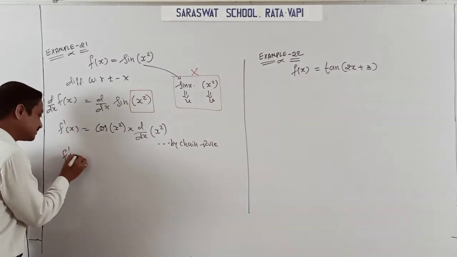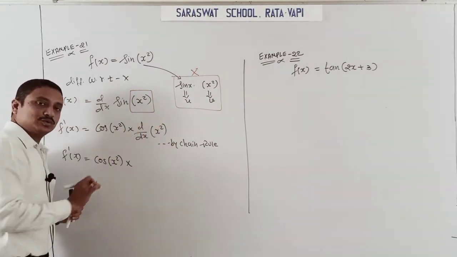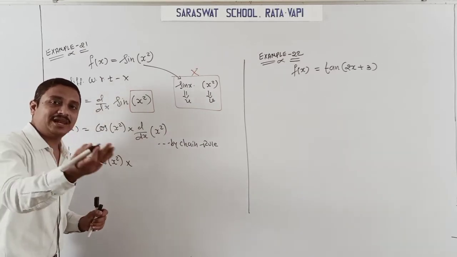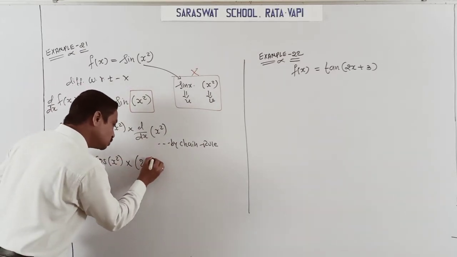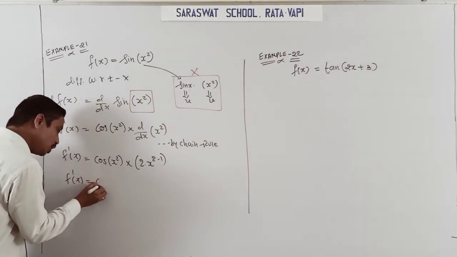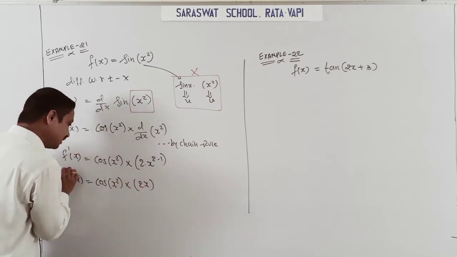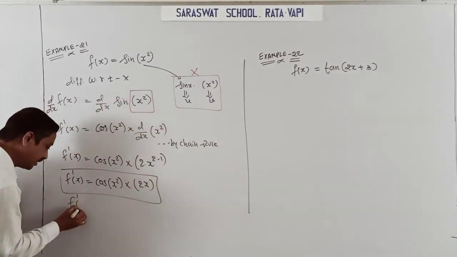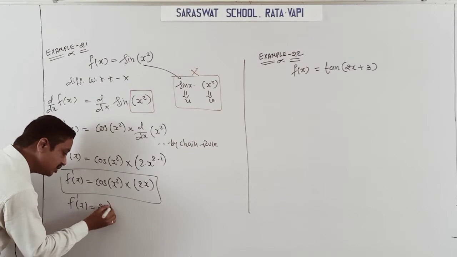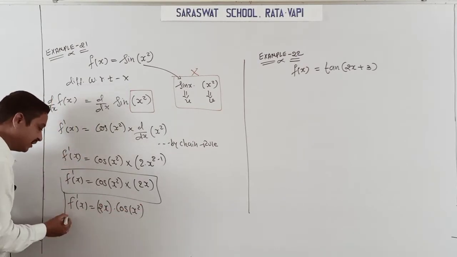Now f dash x is cos x square same, and x raised to 2, for the x raised to n rule, 2x raised to 2 minus 1. So finally done, cos of x square into 2x, and that's the answer. If you rearrange, my answer is 2x into cos of x square, and here is our final answer.